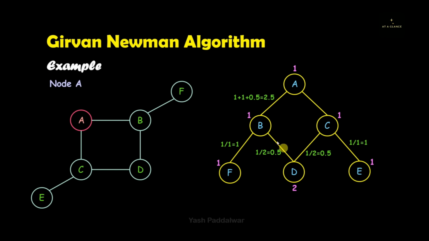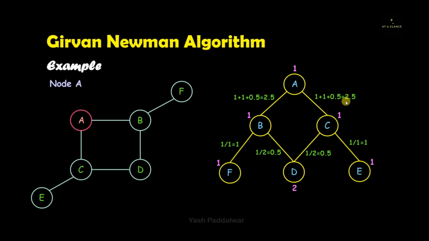So we'll have to consider these two edges also when it comes to a non-leaf node. So we'll add the edge betweenness of these two edges, that is 1 plus 0.5, plus we'll also have to add the node weight of A divided by the node weight of B, which is 1 divided by 1, which is 1. So in all, 1 plus 1 plus 0.5 comes out to be 2.5. So 2.5 is the edge weight of AB.